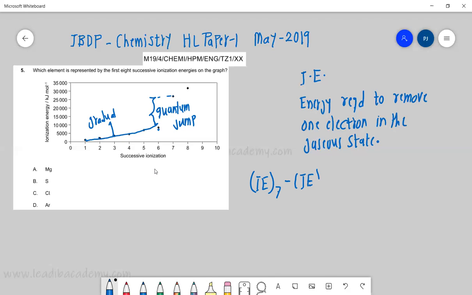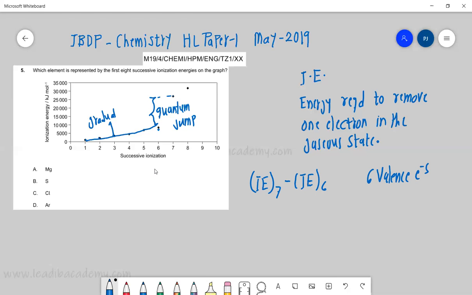So understand what it means: the atom which we are being shown must have 6 valence electrons, then only it is possible. Why is it so?